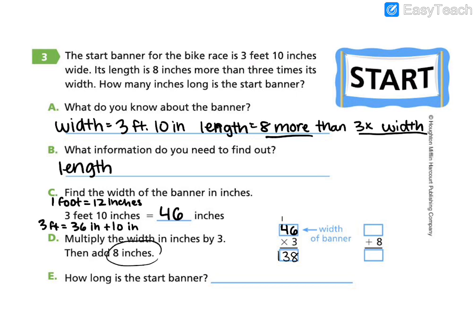But we have to add on that additional 8 inches to find what the total length is. So we find that the start banner is 146 inches long.